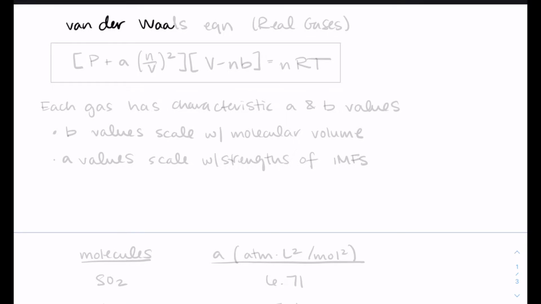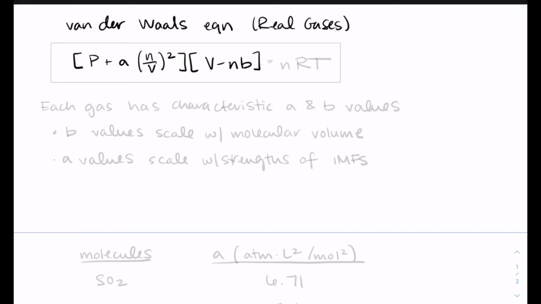So we will use the van der Waals equation for real gases. This is also only one of the few equations that exist for dealing with real gases. In this one, you can see I have it structured kind of like PV equals nRT, but you can see the correction factors that are in here.